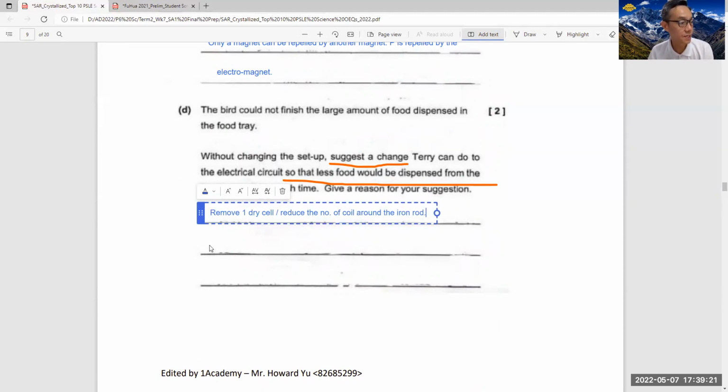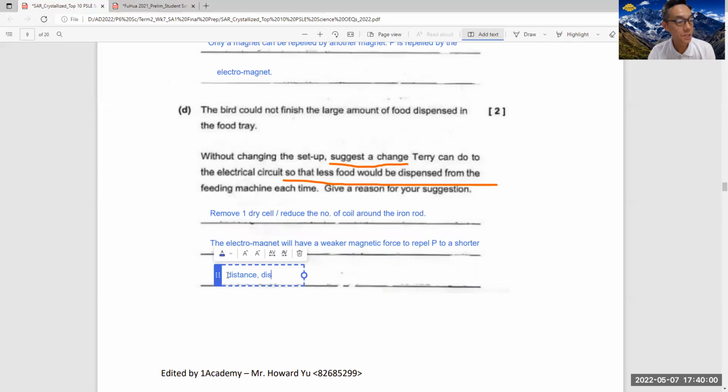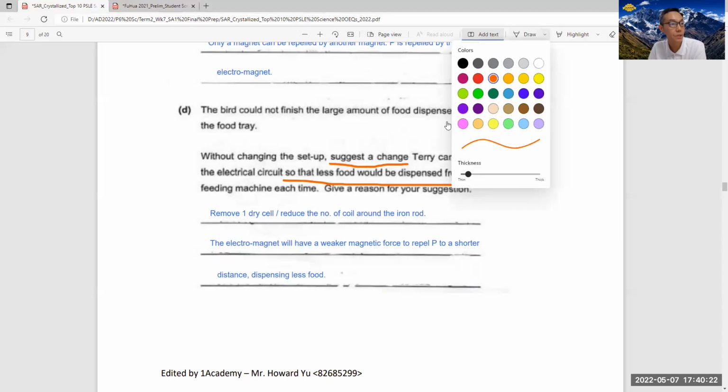Either one. The reason is the same. The electromagnet will have a weaker magnetic force to repel P to a shorter distance, dispensing less food. So either one: remove one dry cell or reduce the number of coils around the iron rod.